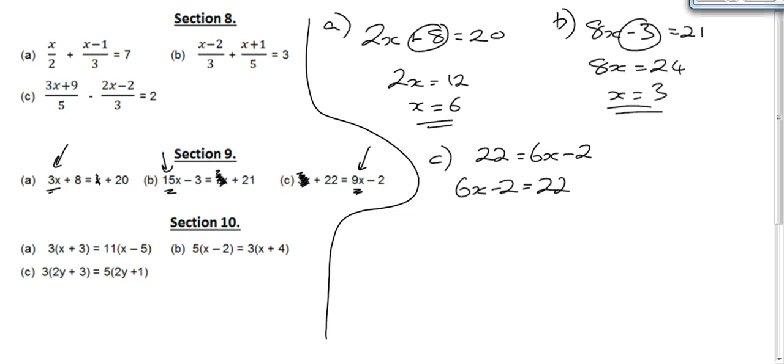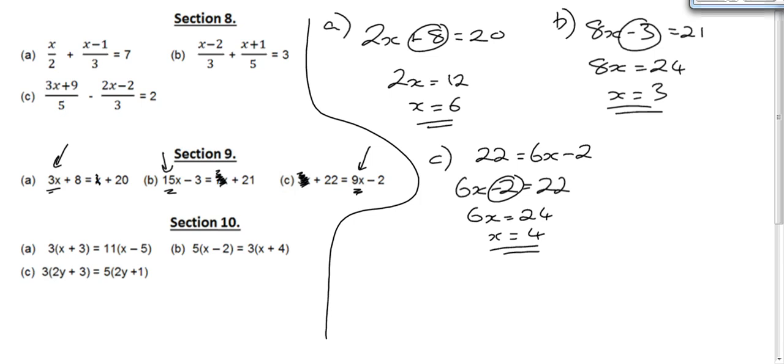That's the same for any of these equations. If you don't like it that way around, just swap it to make it look easier. Then we get rid of the minus 2, so we add it to the other side. So 6x equals 24. And if you divide by 6, x equals 24 divided by 6, which is 4. And that's the penultimate section, second to last section, done.